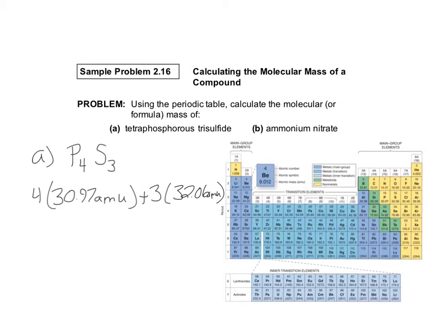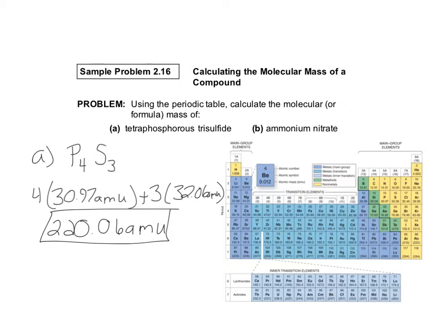Okay, so I'm going to type that into my calculator, and let's see what I get. I've got 4 times 30.97 plus 3 times 32.06 equals, I got 220.06 atomic mass units for tetraphosphorus trisulfide.